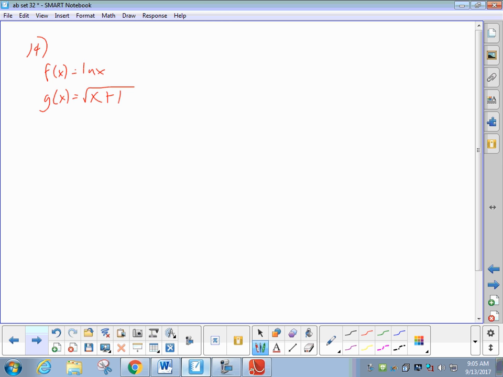So here we go. F of g, log. Is that g goes into f or f goes into g? G goes into f. If you like, you could collapse an array this way. So g goes into f. That yields the natural log of the square root of x plus 1. Oui.